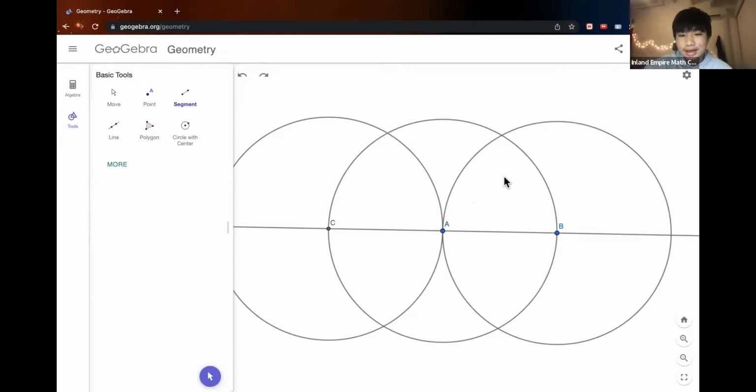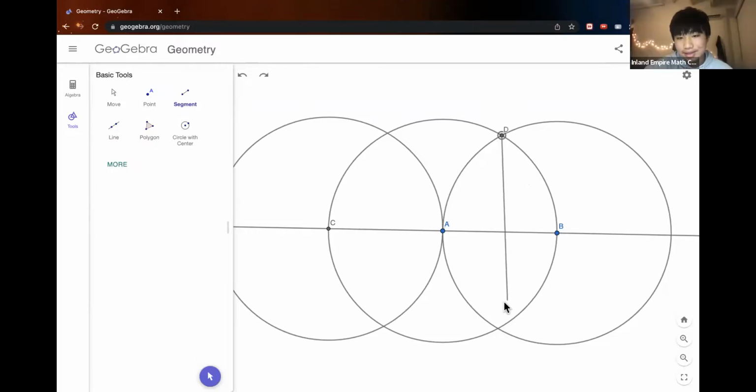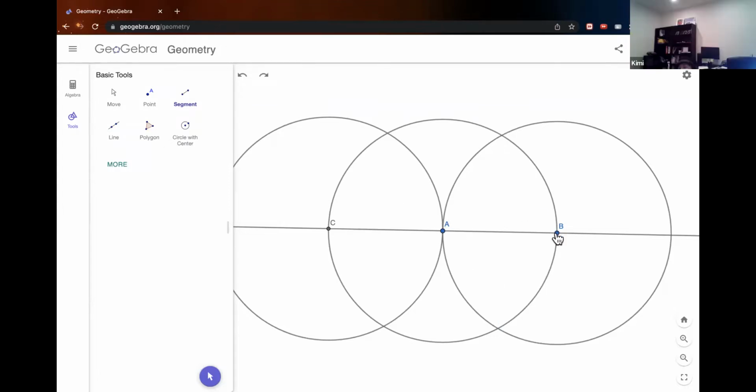So in this case, we actually can't use these kinds of circles to draw our square, because we can use this kind of circle to form equilateral triangles, but it doesn't form any right angles unless we do something like this, but that does not help us form a square. So why don't we look at... That actually does, I think. Okay, yeah, we can have a look at that.